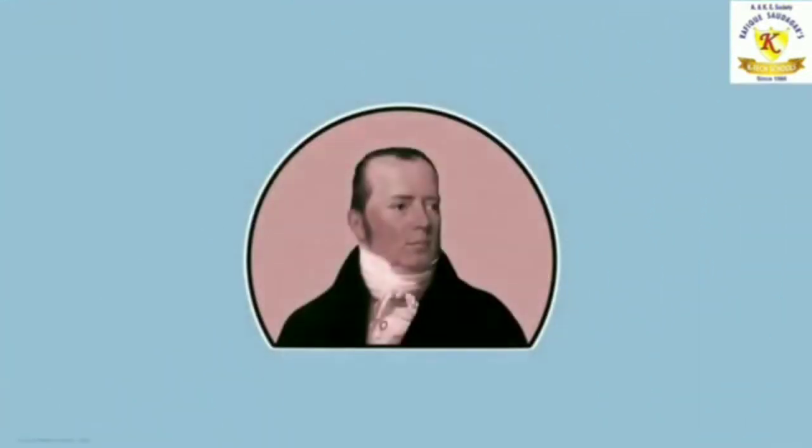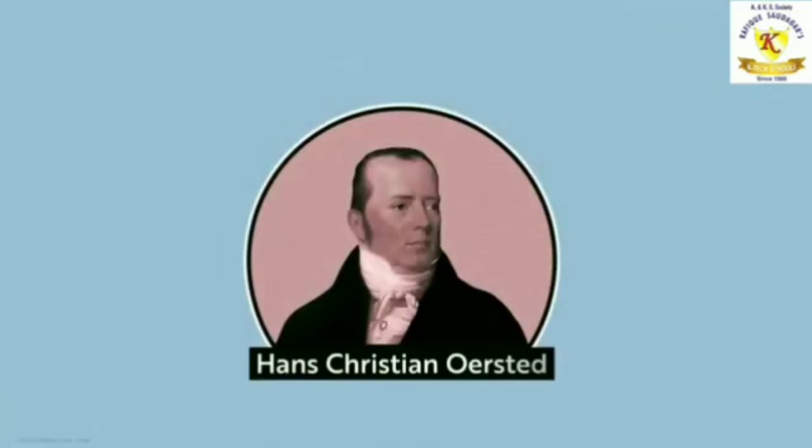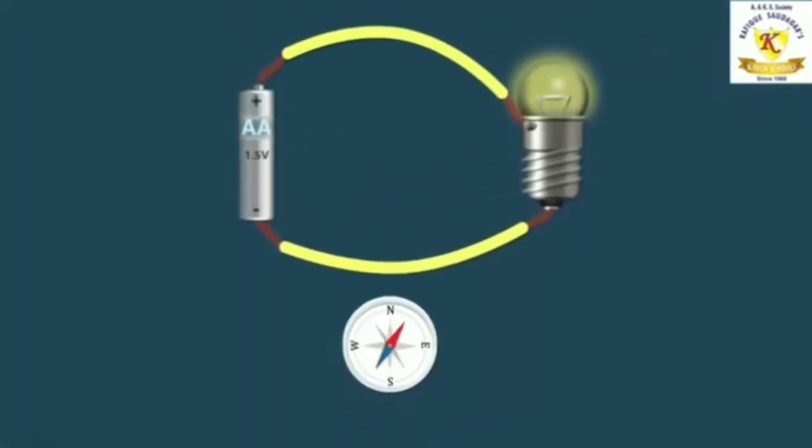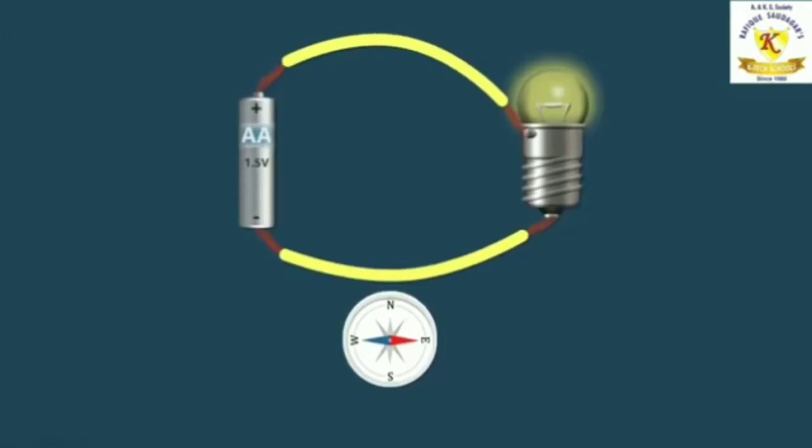In 1819, there was a scientist named Hans Christian Ørsted. He found out that if you keep a compass near a current-carrying wire, then the compass needle deflects to some extent.